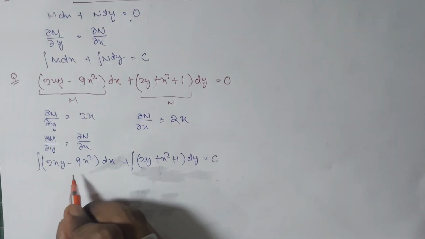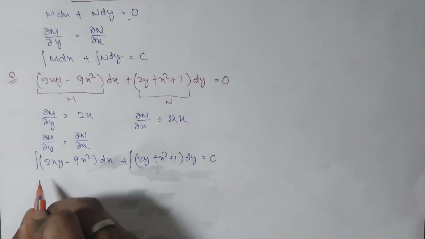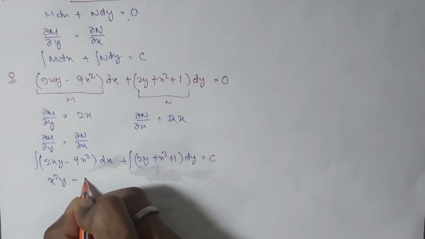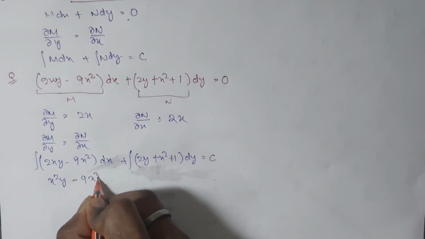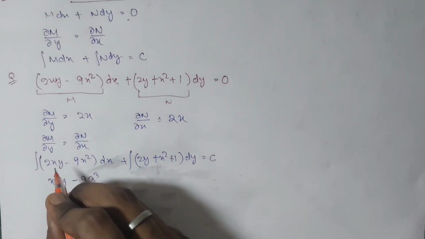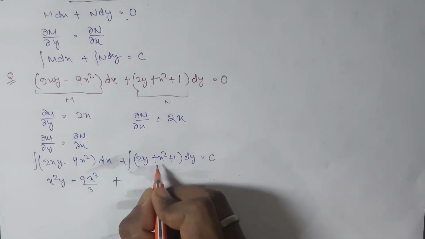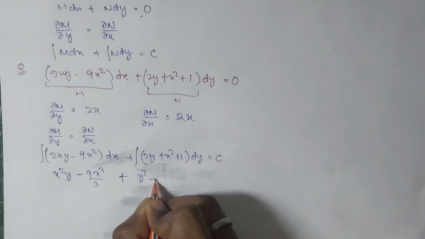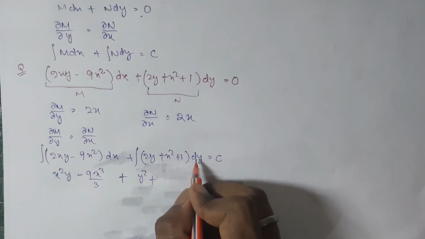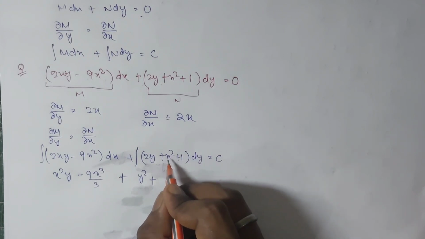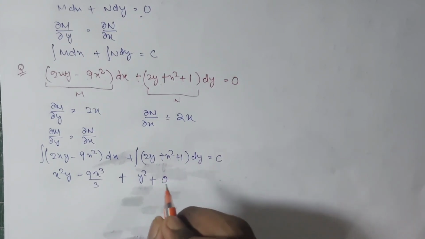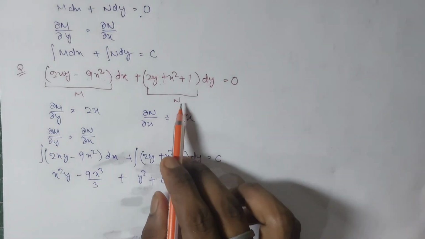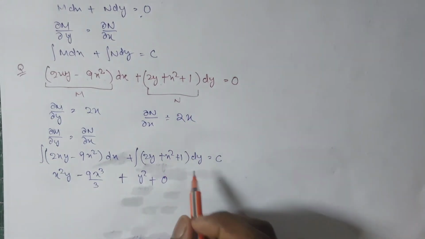Integrating with respect to x, it becomes x square y minus 9x cube by 3, where y is taken as constant, and integrating with respect to y, it becomes y square plus, for x square dy, the integration becomes 0, as we already talked about: all the x terms in the N part become 0 in integration.